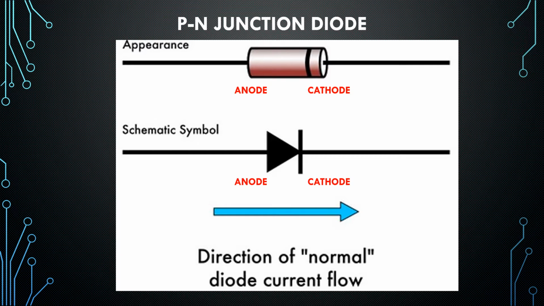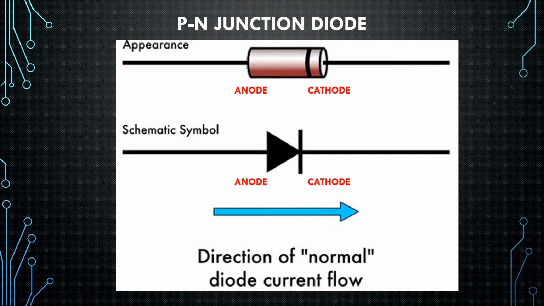The p-n junction is formed by the combination of the p-type and the n-type semiconductor material. The combination of the p-type and the n-type regions creates the depletion region. The width of the depletion region depends on the doping of the p-type and the n-type semiconductor material.